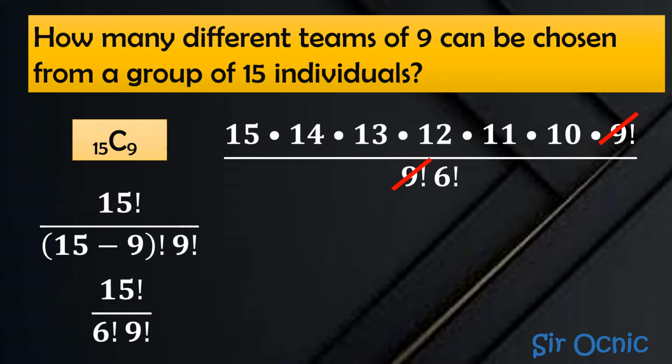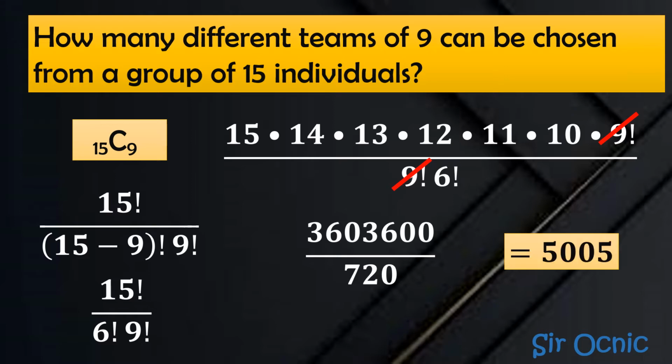Simplifying the numerator, 15 times 14 times 13 times 12 times 11 times 10 is equal to 3,603,600 all over 6 factorial, which is equal to 720. 3,603,600 divided by 720 is equal to 5,005. Therefore, we can have 5,005 different teams of 9 people from a group of 15 individuals.